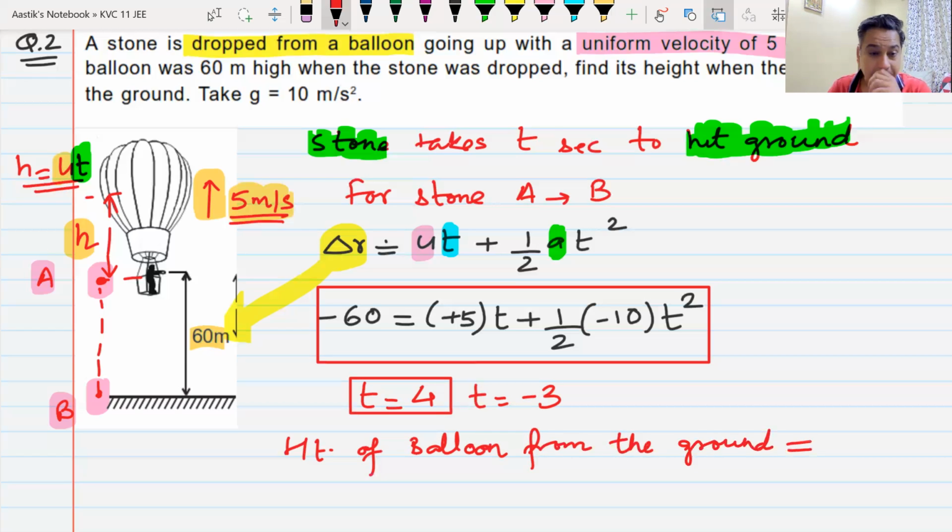And the answer is, what is the height of the balloon from the ground?